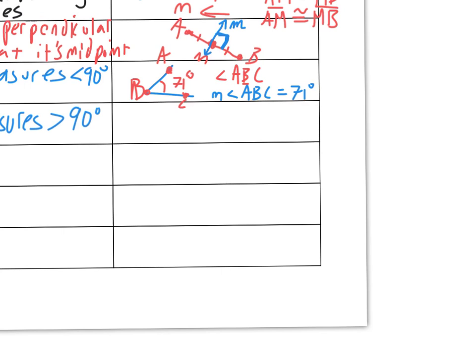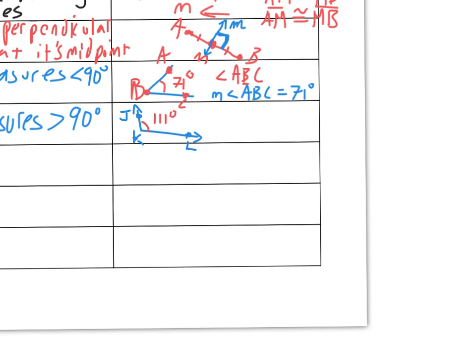So we might have something like this. Let's call this J, K, and L. And this time we're going to call this 111 degrees.